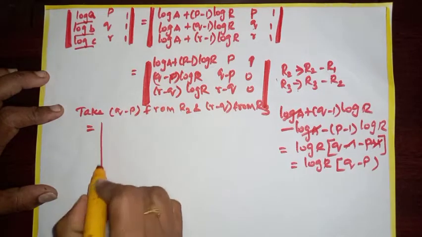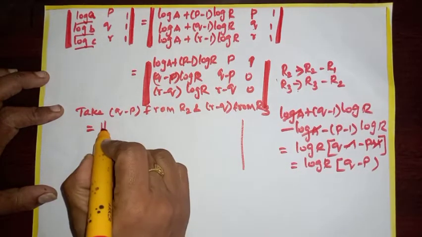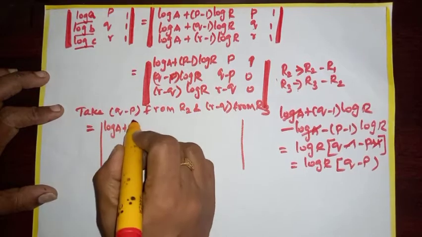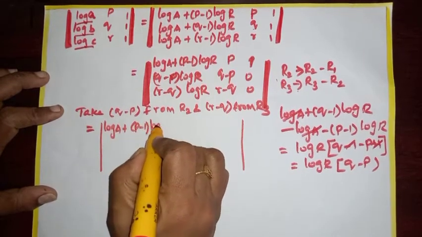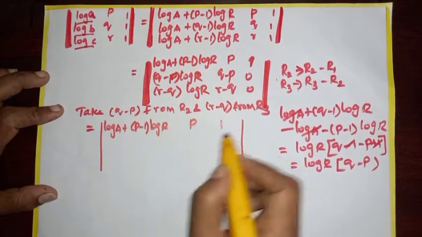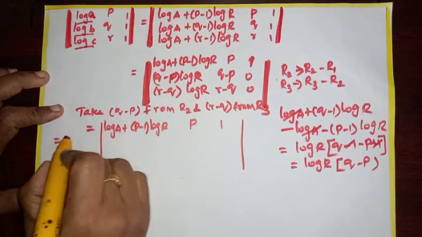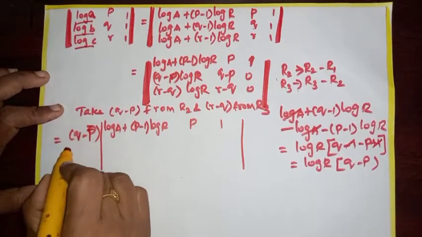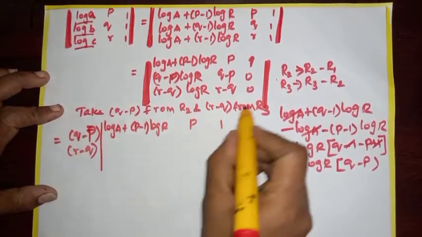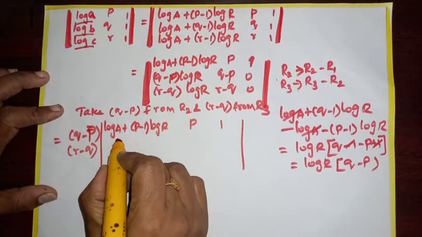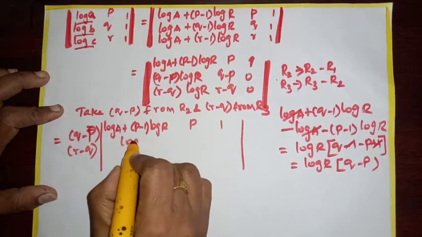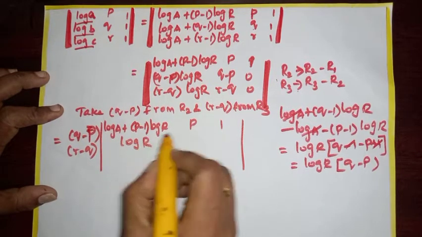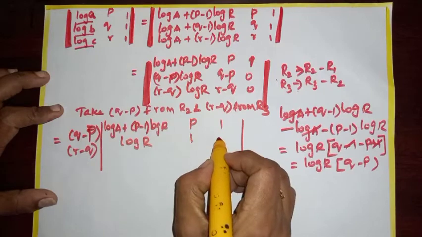Then we have the first row, you write as it is. When you are taking Q minus P commonly out, and R minus Q from R3, then the second row will become log R, 1, 0.